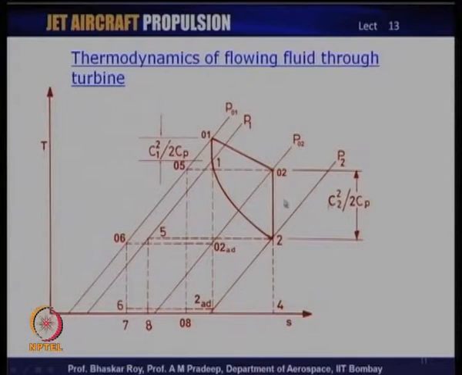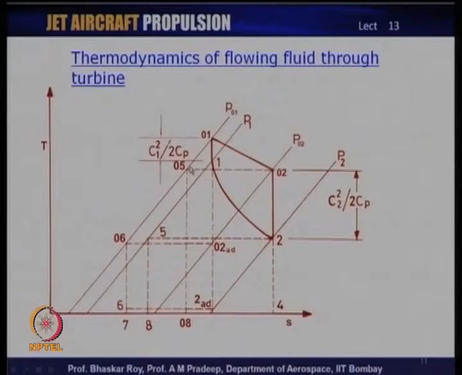And at this station you have the value P02, which is the total head. So, the total process has moved from P01 to P02, that is a pressure drop across the turbine, and that is what a turbine actually does. And in the process the static pressure is dropped from P1 to P2.